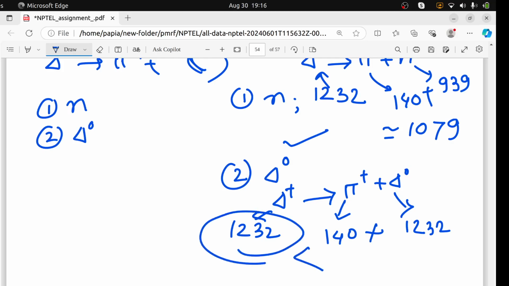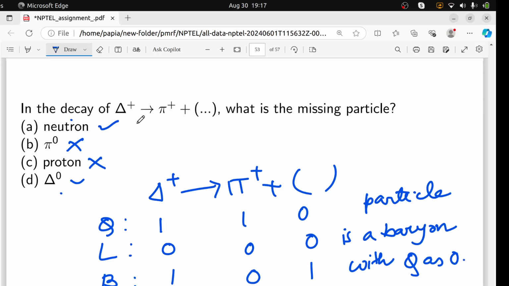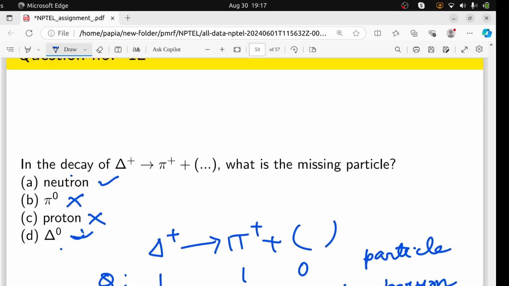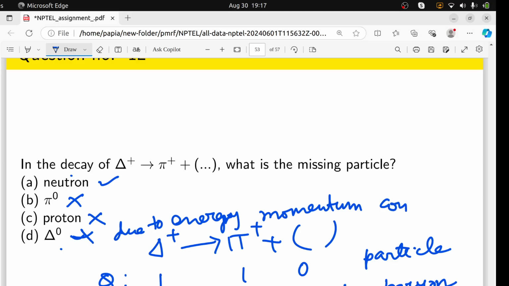So that is not correct from the energy momentum conservation point of view, right? So the delta 0 option is not happening due to energy momentum conservation. Actually it should be energy conservation only, mass conservation I should write. And so the answer will be neutron.